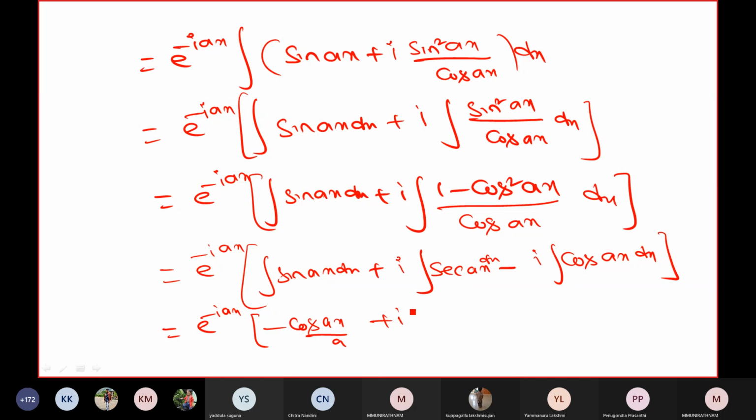Yes, ln of secant x plus tan x, right? Minus I into integral of cos x, which is sin x by a. Here also by a comes.